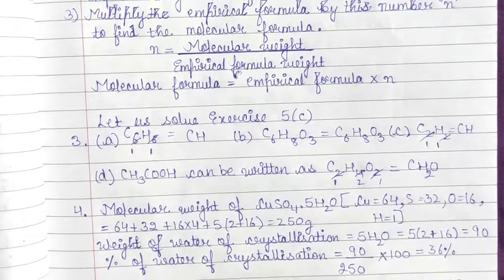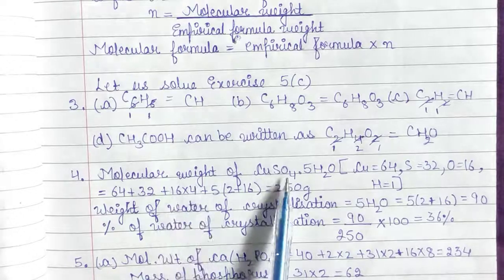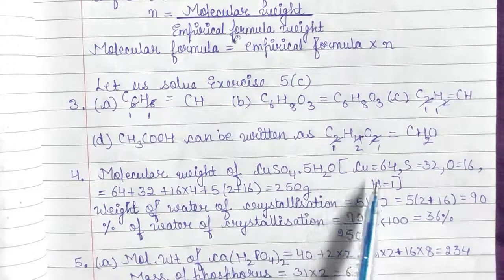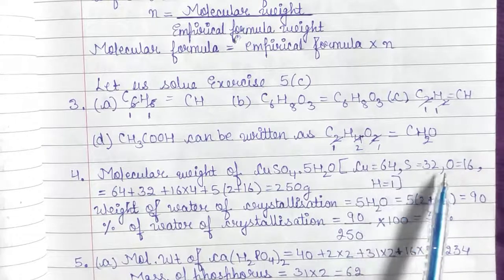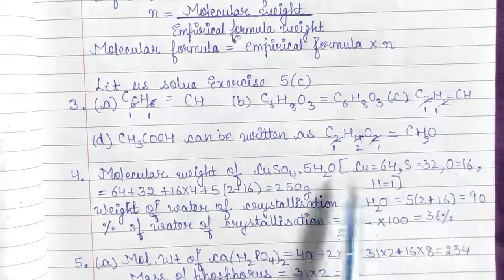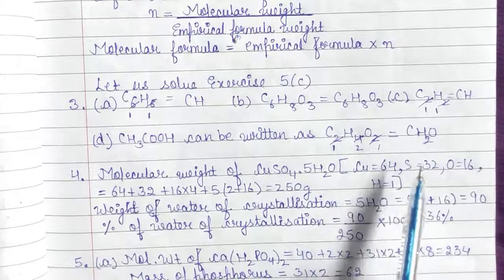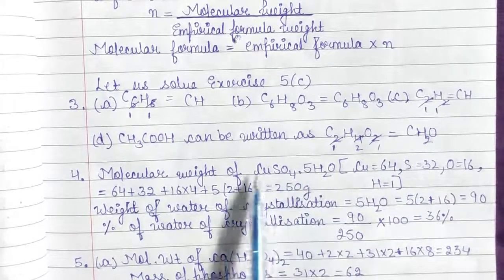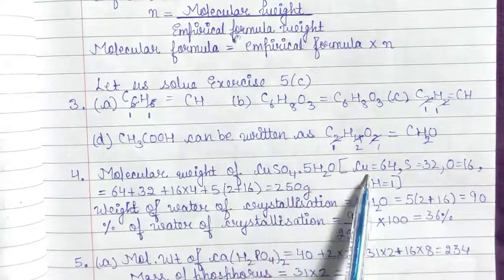Now the solution of question number 4 is the molecular weight of CuSO4.5H2O. The atomic masses are given to you: copper has 64, sulfur has 32, oxygen is 16. Then put the atomic mass of all the elements in the given formula, and you will find the molecular weight of CuSO4.5H2O.